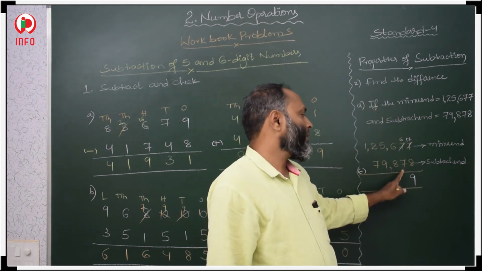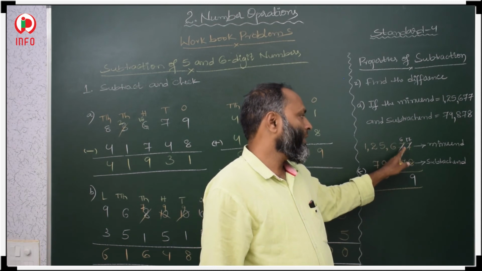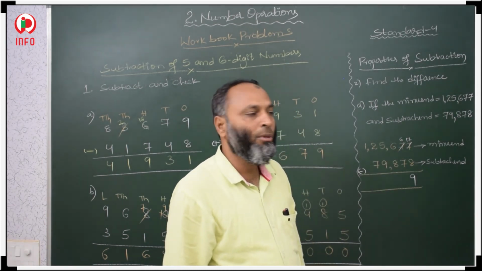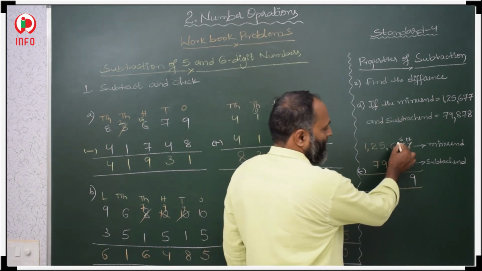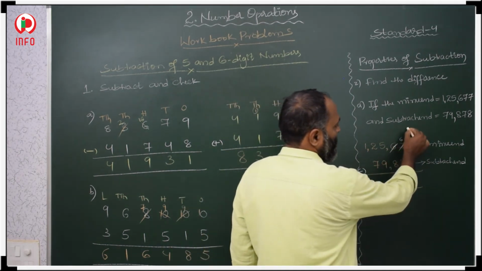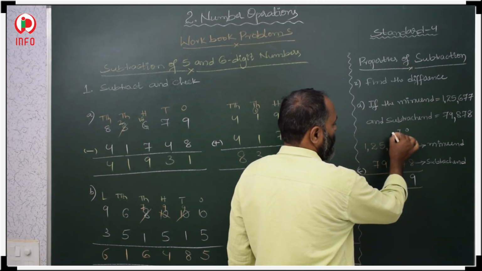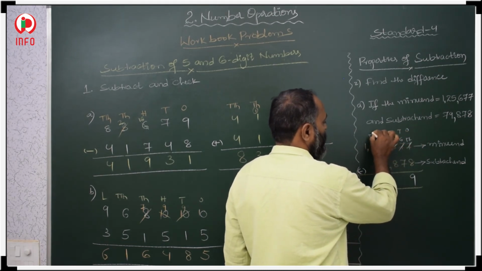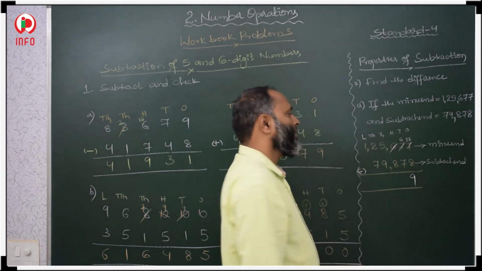6 minus 7, it's not possible. Why? The minuend is less. Again we have to take a borrow from the next place. This is the ones place, this is the tens place, this is the hundreds place, this is thousands, this is 10,000, this is lakhs.